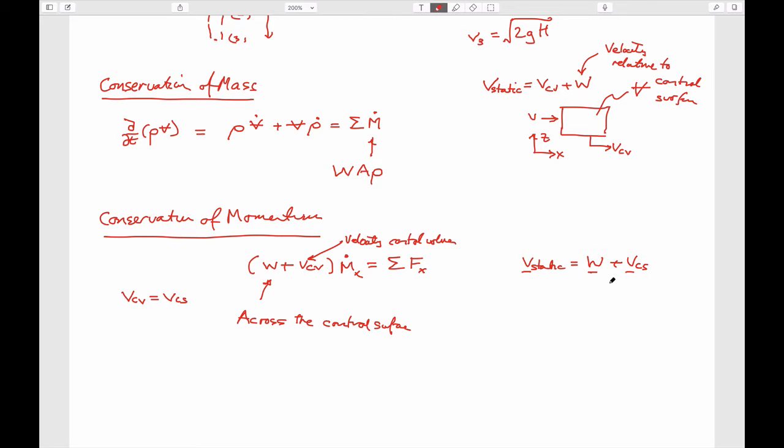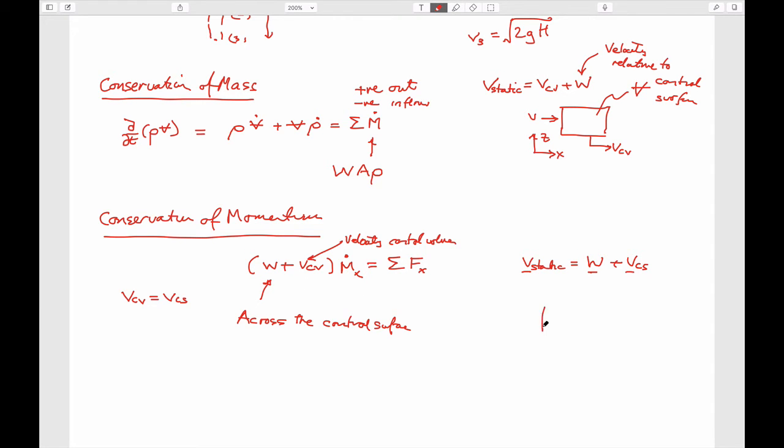And I suppose the important thing, which I didn't mention in conservation of mass, but you must know it already, is that it's positive if it's out, and it's negative if it's in. That's always the case, the same sign convention. But these, importantly, are always related to the global axes.